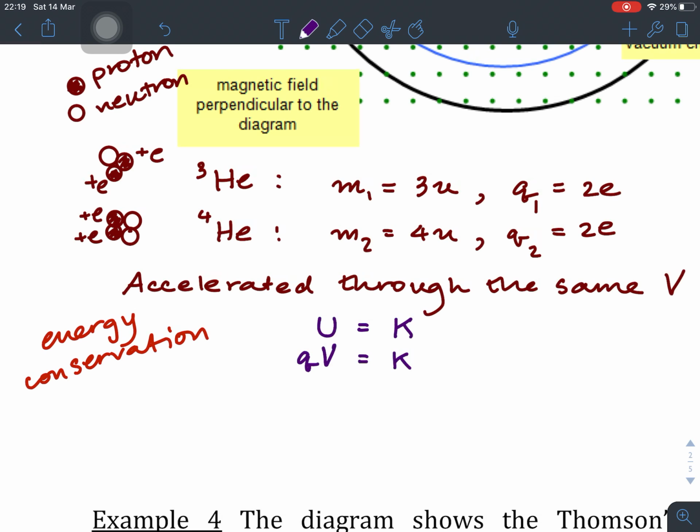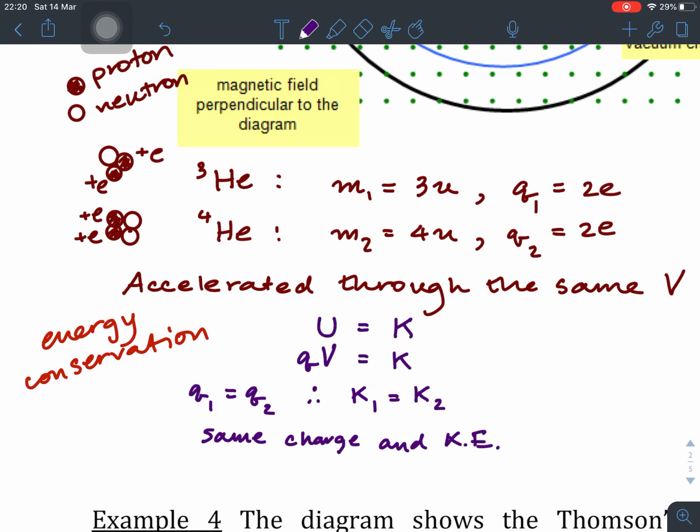For helium-3 and helium-4, we are given that Q1 equals Q2. So when Q1 equals Q2, K1 will also equal K2. So just note that they have the same charge and kinetic energy.